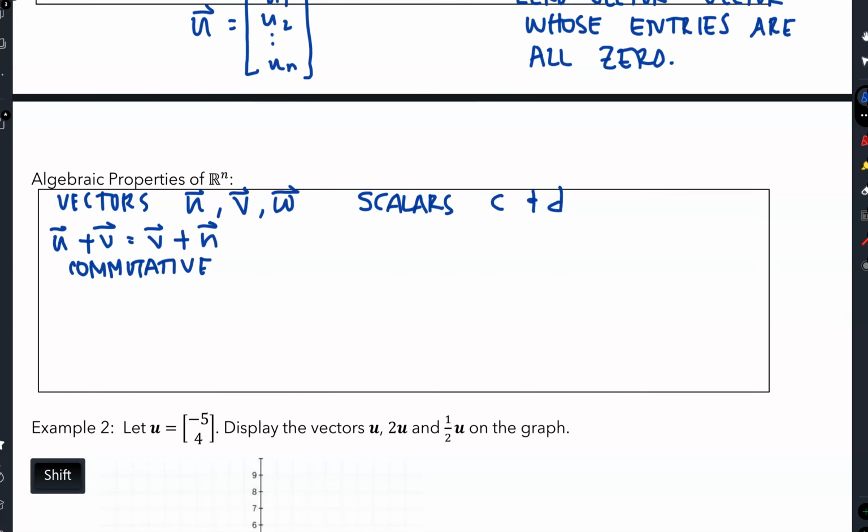All right, grouping. With addition, if I add u plus v, group those, and then add a vector w, it's the same thing as vector u plus the group v plus w. So remember, that's the associative property.